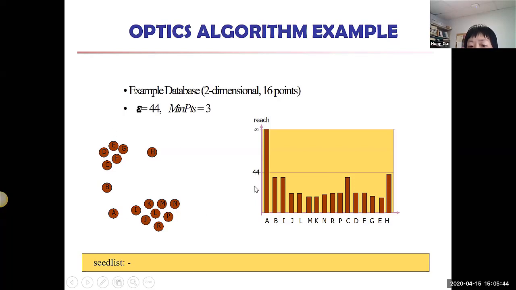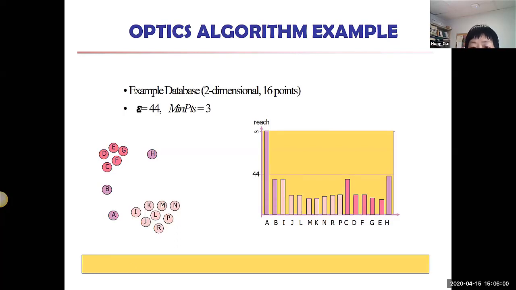If we reduce it to this point, then we have two clusters. And outliers can also be detected. So we can see A is an outlier. If we actually have a lower epsilon, let's say 40, the effective epsilon here, then this A is going to be an outlier because it's distant from all its neighbors.